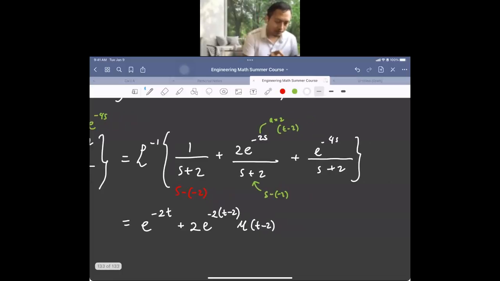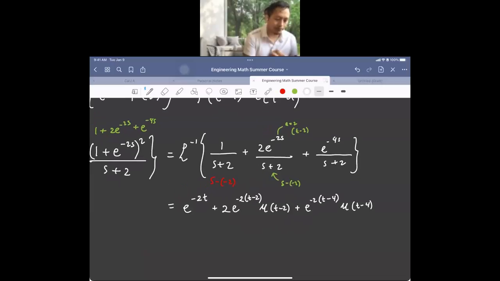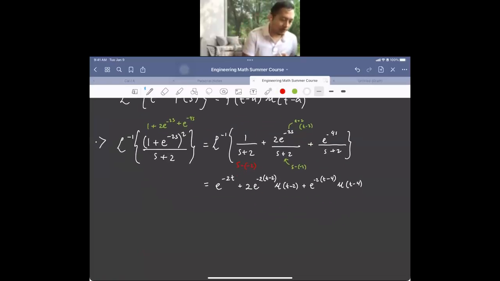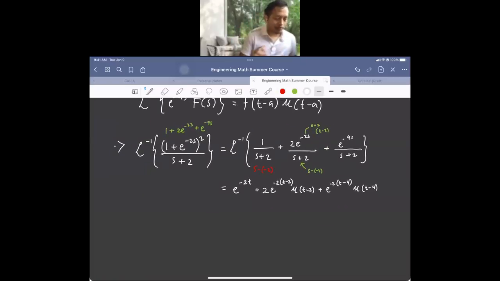Now the last one is the same but with a different a, so we write plus e to the negative 2, now t minus 4, and then the Heaviside function t minus 4. And that's our result of the inverse. I think for the inverse I will stop here.